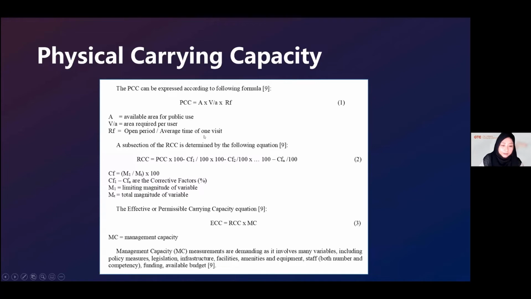So after we have this number, then we can reduce the number of visitors by having many factors, environmental factors, biological factors, like the corrective factors like rain, soil impact, sunshine. Otherwise, people will not be comfortable in the area, because in Malaysia we have three layers of forested area.